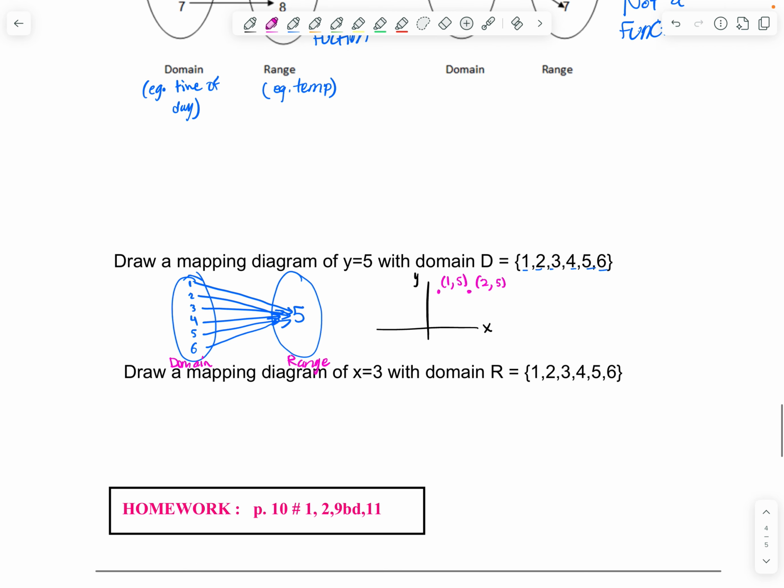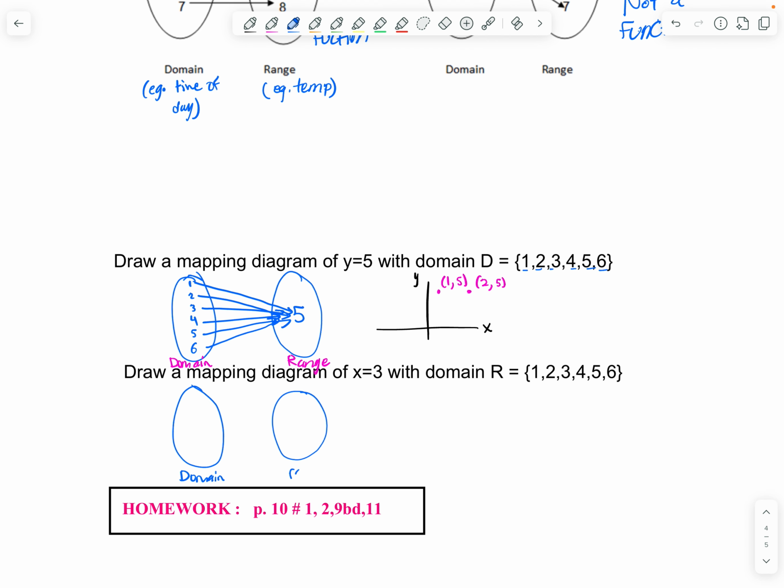And then lastly here, draw a mapping diagram for when x is equal to 3. Here I have my domain, and here I have my range. Let me make that a little bit bigger. Okay, and let me enter those numbers in. When I have an input of 3, I can have an output of, well, it says here 1, 2, 3, 4, 5, 6, and now I can connect these.